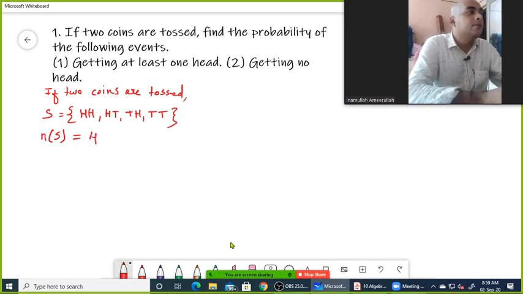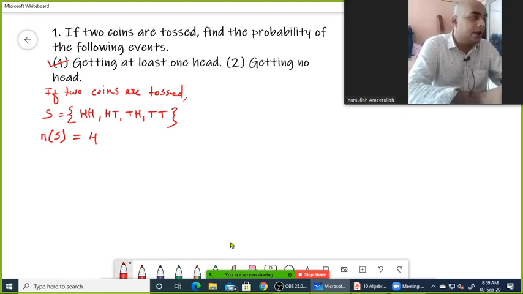After that we will take the first event, getting at least one head. In order to write the event in the form of a set, we need a name for the set. The question says find the probability of getting at least one head.